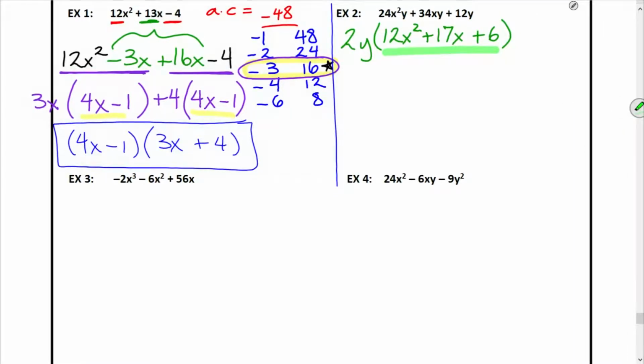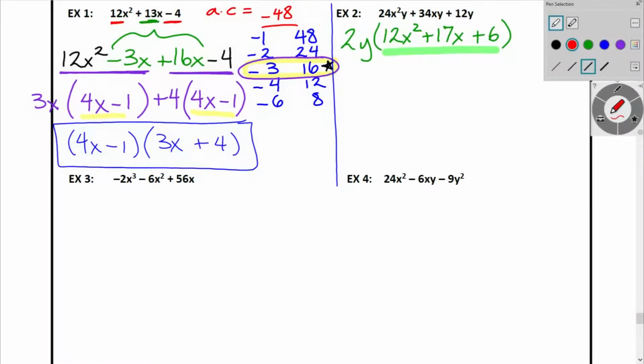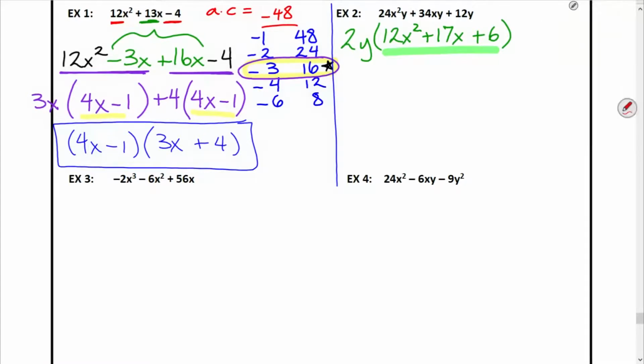All right, so I'm now looking at this trinomial right here. There's no more GCF in there, and the leading coefficient is not 1, so I'm using the ABC method. I'm looking for numbers that are factors of a times c. So a times c is 12 times 6, which is 72.